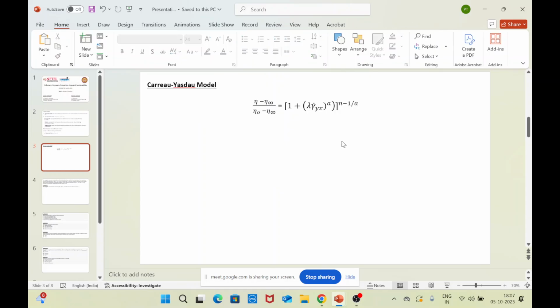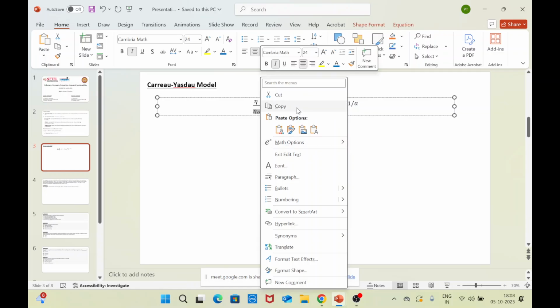So this is the mathematical expression for the Carreau-Yasuda model. So here we have to discuss certain parameters. The first one is going to be your eta naught.